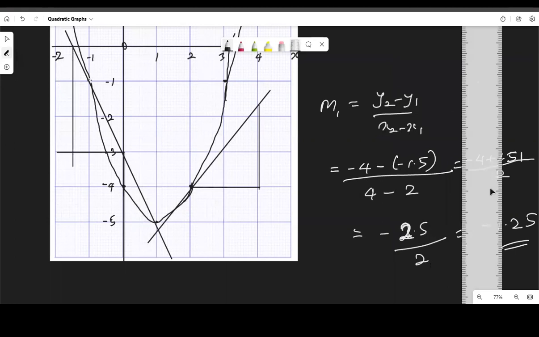Again, my gradient there will be, let's calculate it here. So this point here is 0, while this one here is negative 3.